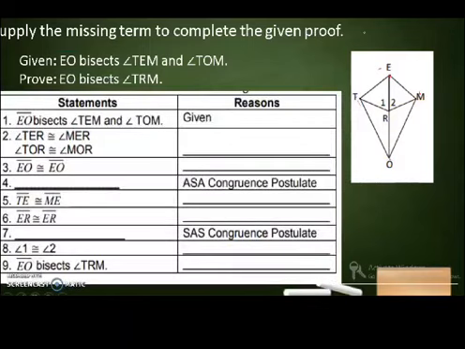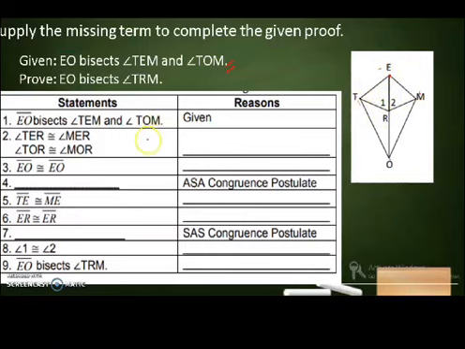So let's now have our statements. Number 1, EO bisects angle TEM and angle TOM. That is given. We have angle TEO is congruent to angle MEO. So TEM is bisected, so we have now formed two angles, TEO and MEO.